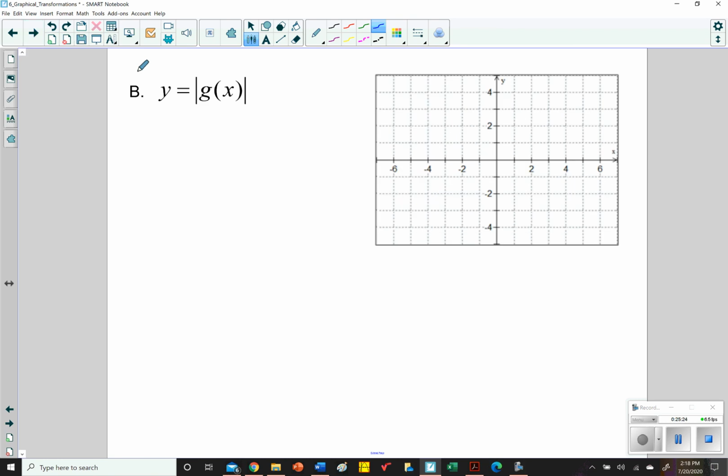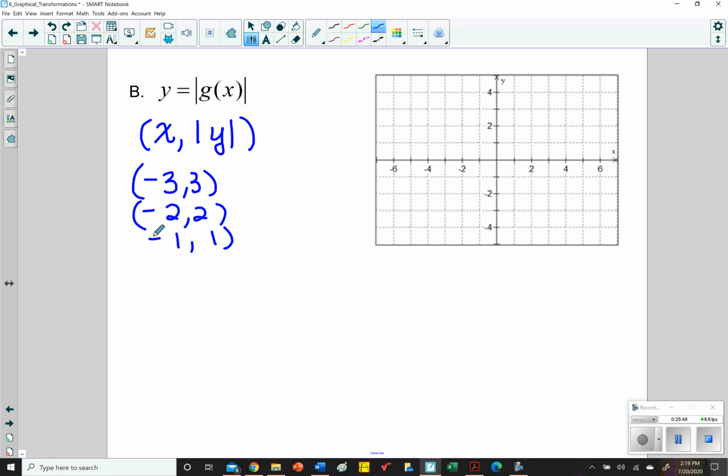In this case, the rule is going to ask us to keep the x and do the absolute value of y, because the absolute value is on the outside of our function. So our new ordered pairs are going to look like that, which would make (-3, 3), (-2, 2), (-1, 1), (0, 1), (1, 1), (2, 3), and (3, 0).